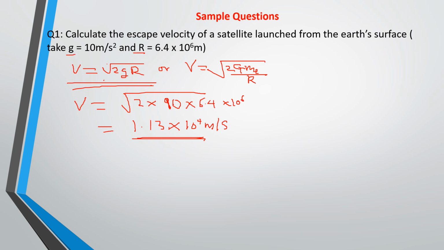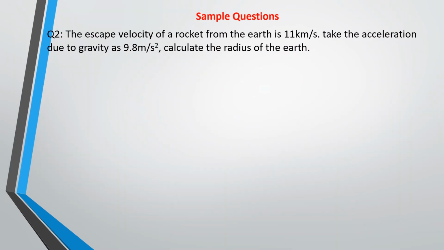Okay, so let's try and solve another problem too. This is question number 2. The escape velocity of a rocket from the Earth is 11 kilometers per second. Take the acceleration due to gravity to be this. Calculate the radius of the Earth. So this one is in another form.